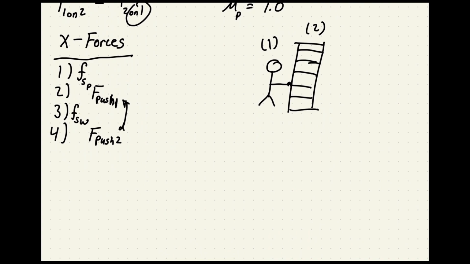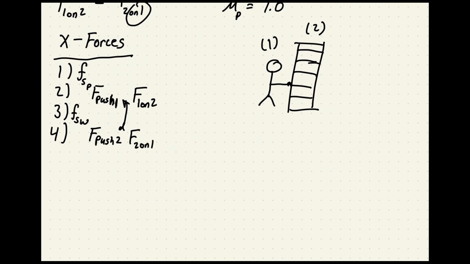So let's go ahead and replace these F push 1 and F push 2. F push 1 is actually the push that person 1 is exerting, so it is the force of object 1 exerted on object 2. And F push 2 is the push that the wall exerts back, and so it is F of 2 on 1.